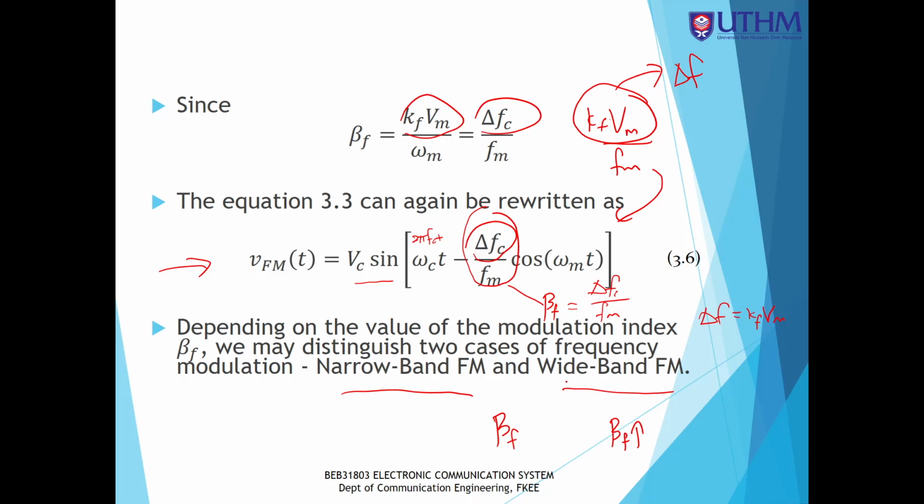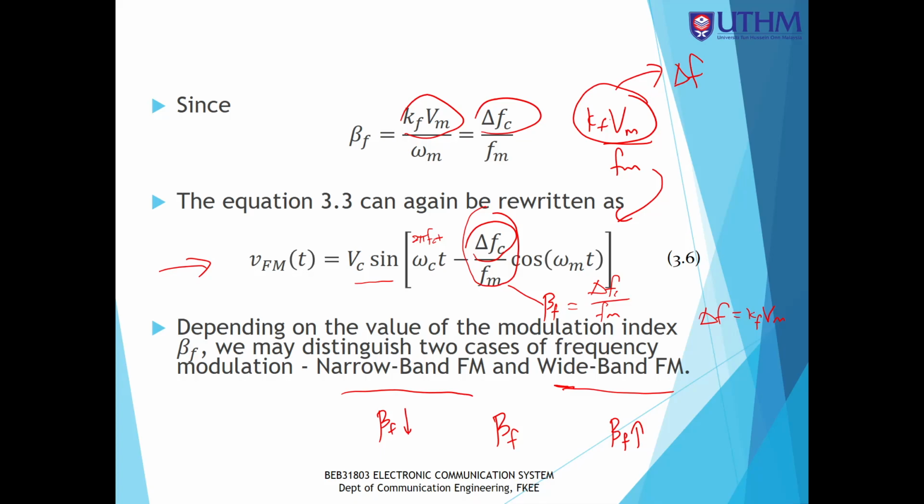Wideband means a high bandwidth of FM. If the value of beta F is small, we call it narrowband. Narrowband means the bandwidth is small.